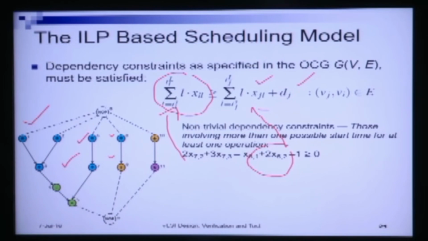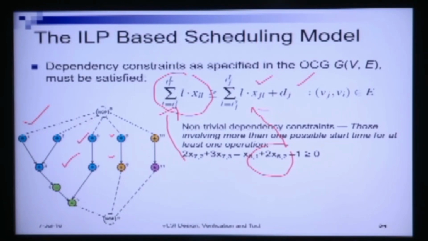It says that the 6th operation can either start in the 1st time step or in the 2nd time step. And how do we denote its times? It can be either 1 into x61 or 2 into x62. So, the start time is denoted by this expression.